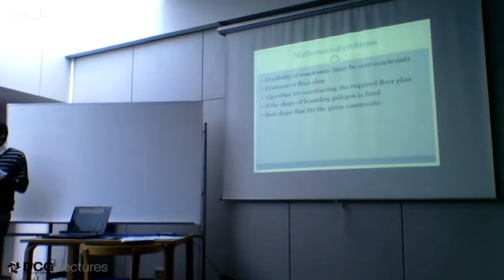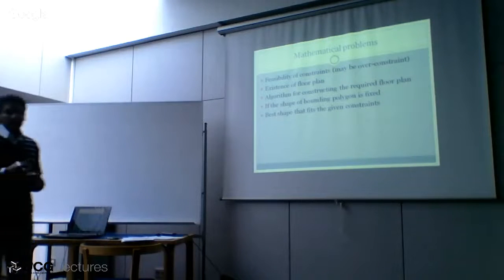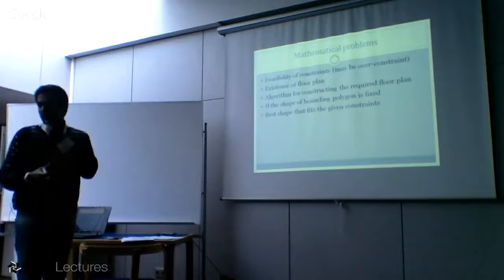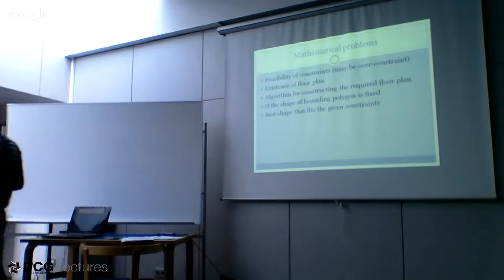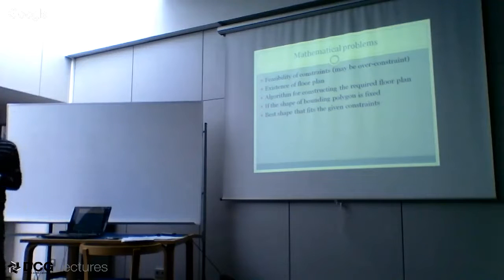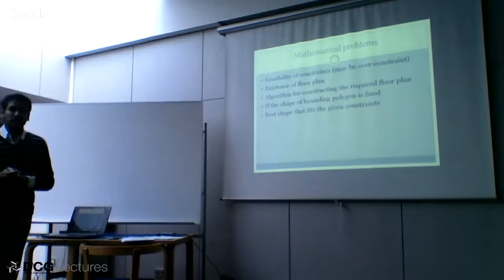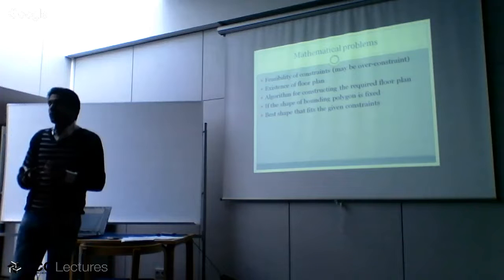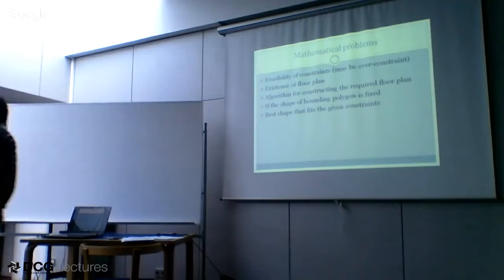So we need to give some mathematical theorems or mathematical results which say that yes, if the input is this, then there exists a floor plan corresponding to it, otherwise not. The other, more complicated thing is that if we know that the constraints are feasible, then you need to design or propose an algorithm which takes the graph and constructs the floor plan corresponding to it.